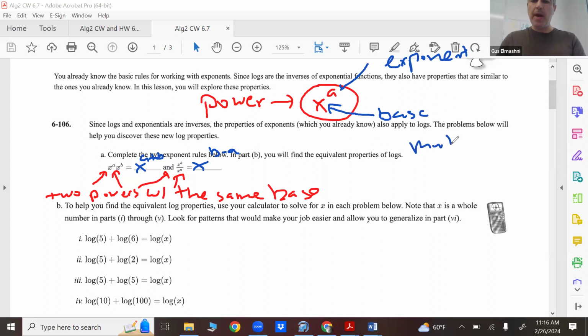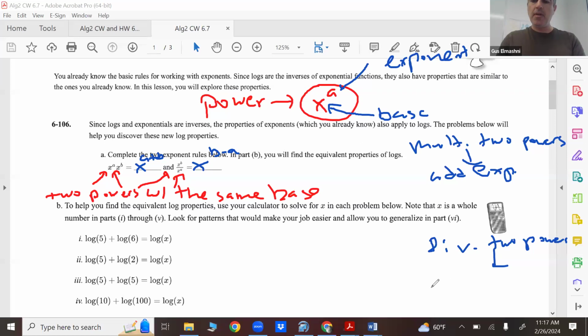So when you multiply two powers, you add the exponents. When you divide two powers, you subtract the exponents. This is all stuff you've done in the past, right?